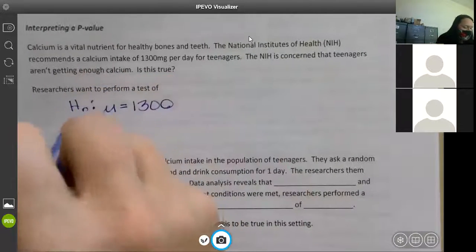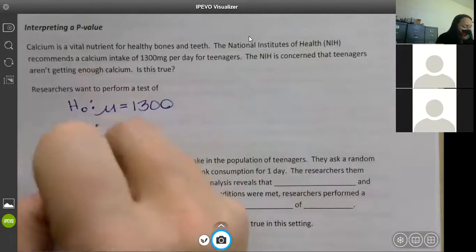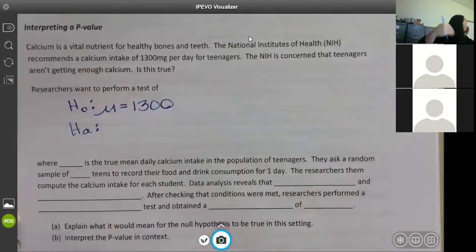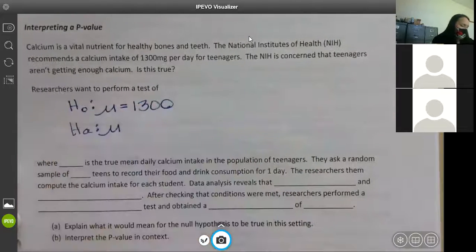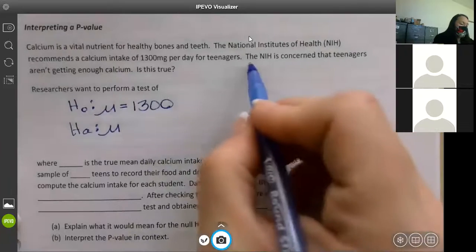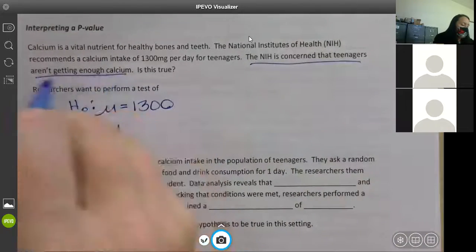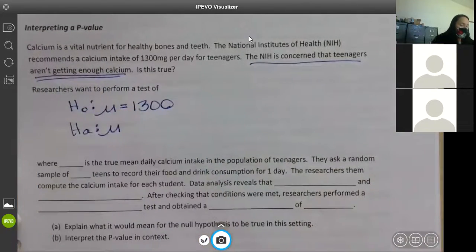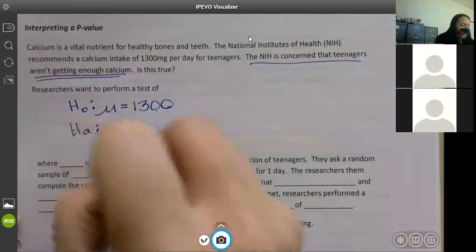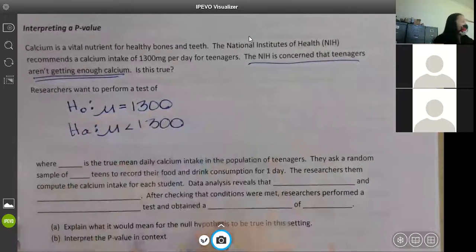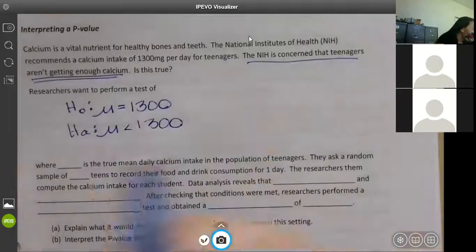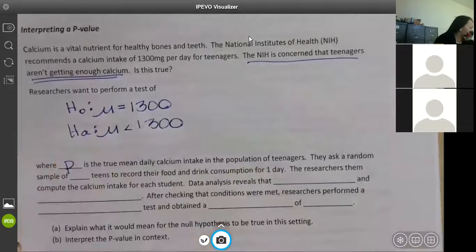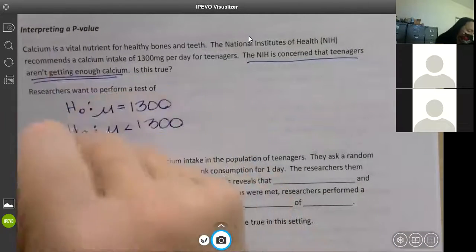Yeah, you're good. The alternative. Now they give you this. I'm just getting you to understand how to pull it out. They said they're concerned that they're not getting enough. So what does that mean? Less than. Perfect. Now, again, they give you that. I just want you to be able to pull it out. Where mu is the true mean daily calcium intake.